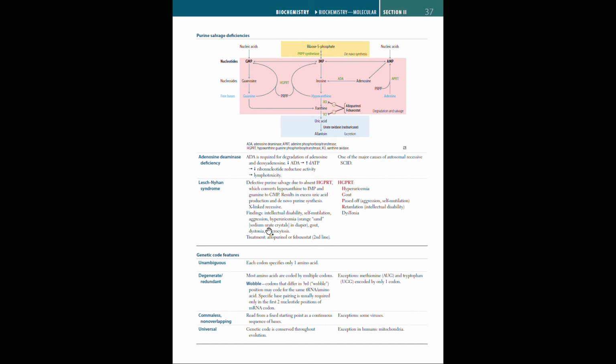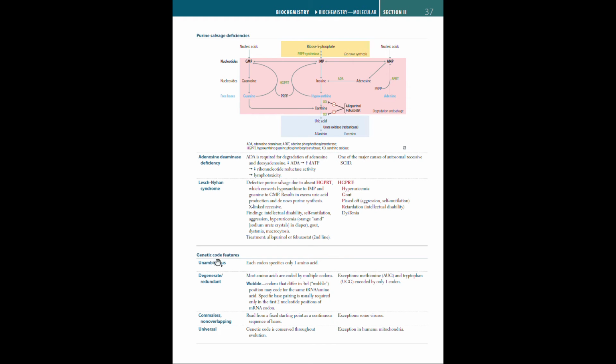So gout, dystonia, macrocytosis. Treatment is allopurinol, or febuxostat is the second line. As you can see here, we are just inhibiting the pathway so that there is no uric acid formation.